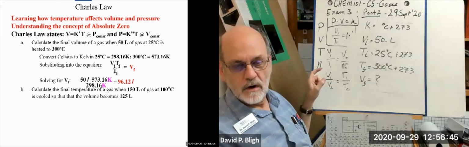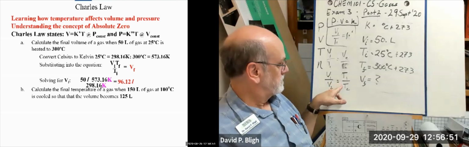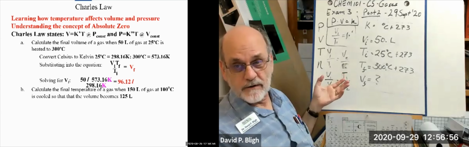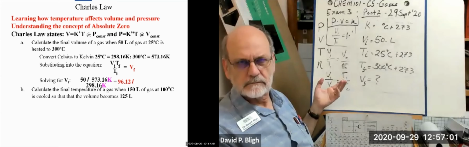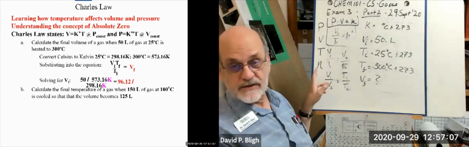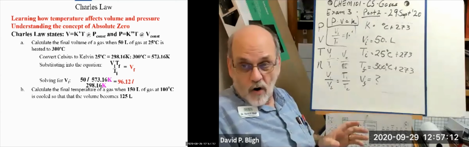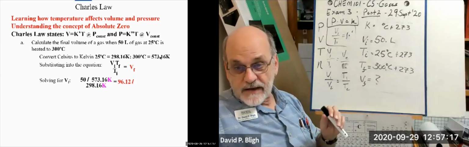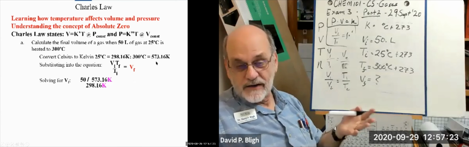But if you ratio 25 to 300, so if we flipped it, it'd be easier to understand. 300 divided by 25 is what? That's 12, right? I think. 12 times. But the volume is not 12 times greater. The reason for that is you ratioed the wrong units. If you ratio 573 to 298, then it's a little less than twice the size.